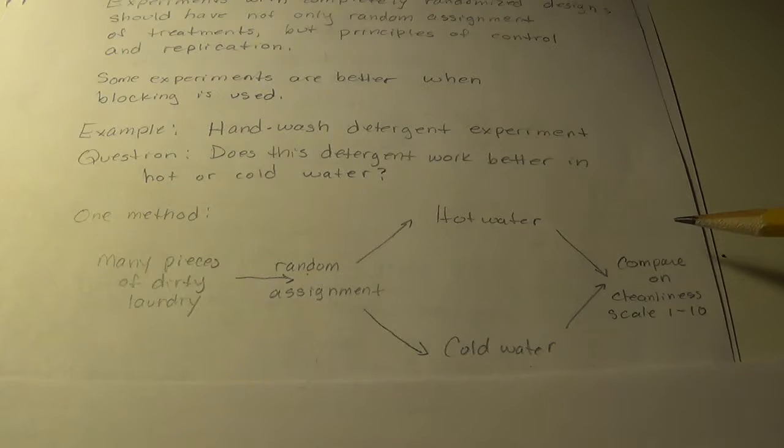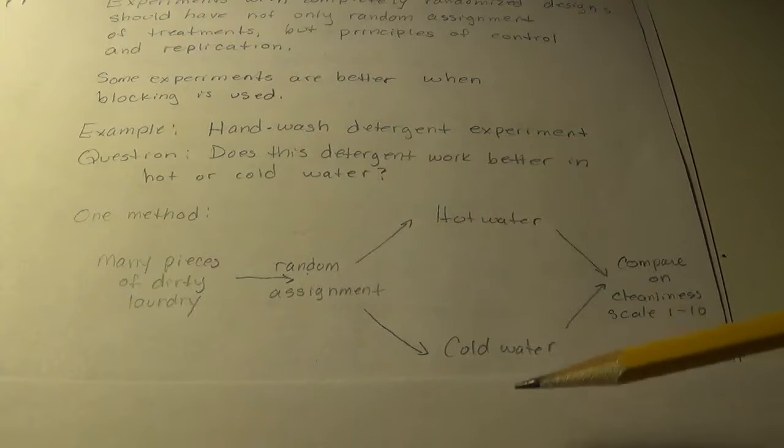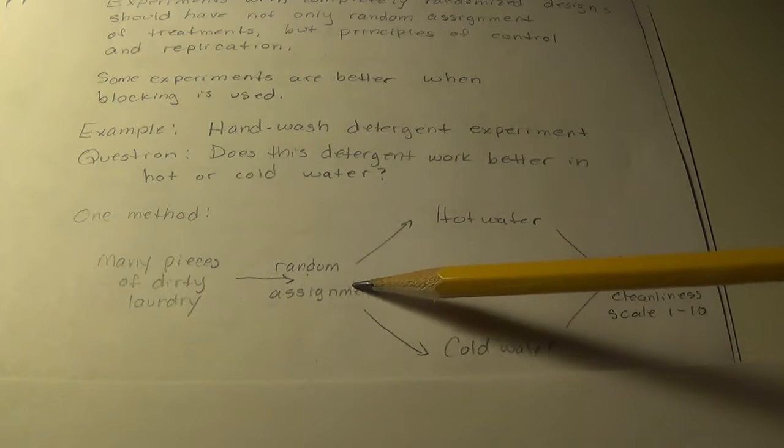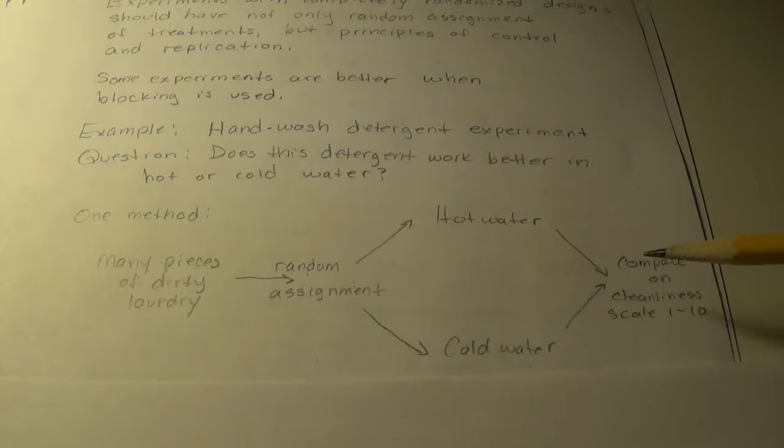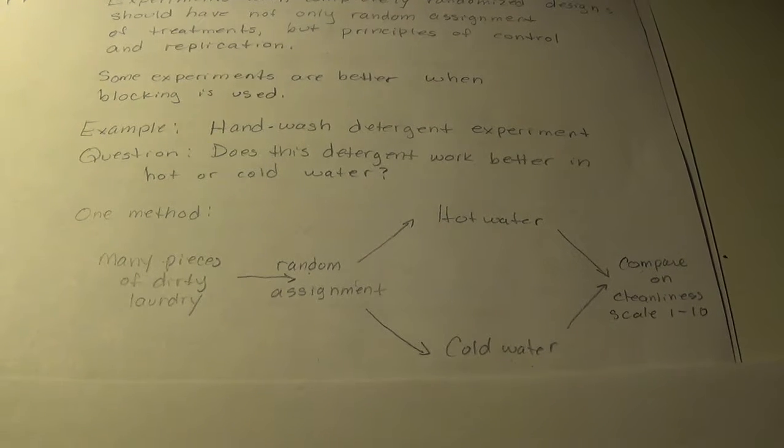And then you will rate the cleanliness of the items at the end of the process on a scale of 1 to 10, so you can compare. So it looks like a pretty healthy experiment. We see randomization, we have many pieces for replication, and we have a comparative step. So it looks pretty healthy.